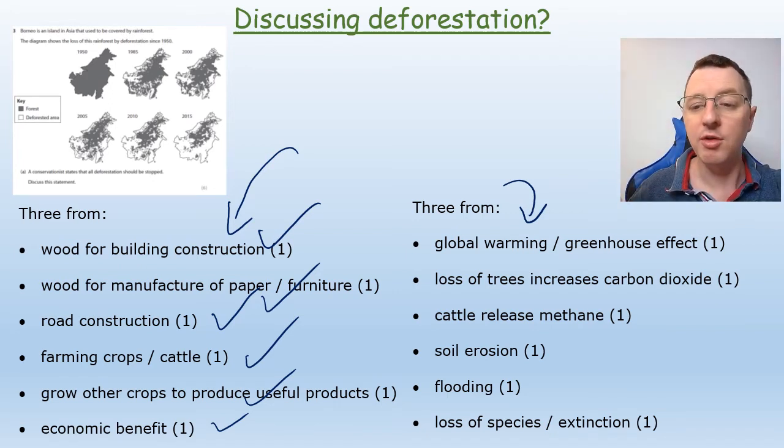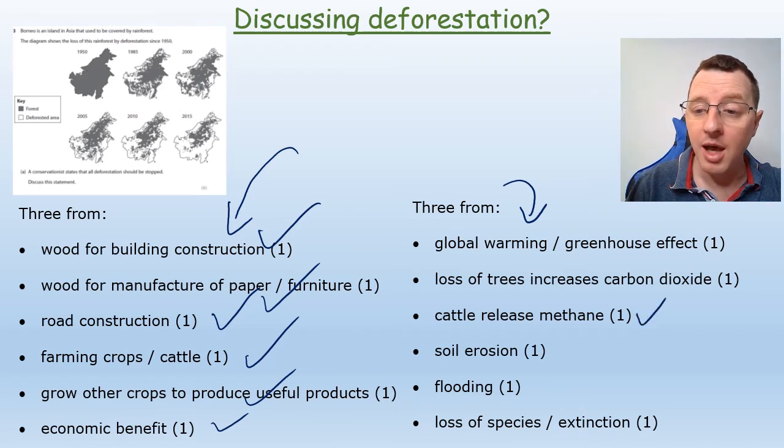Global warming: deforestation leads to global warming and the greenhouse effect. There is a loss of trees which will increase carbon dioxide in the atmosphere. If you cut down trees for cattle farming, then the cattle are going to release methane, which is a greenhouse gas, and again will end up in the atmosphere, increasing global warming.